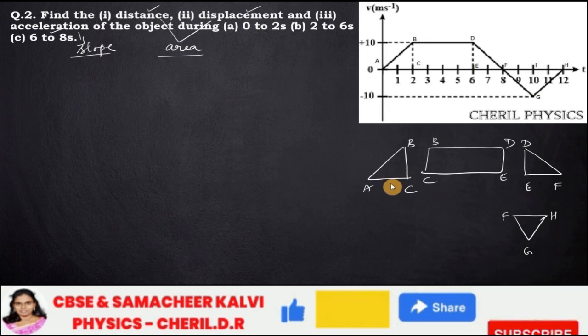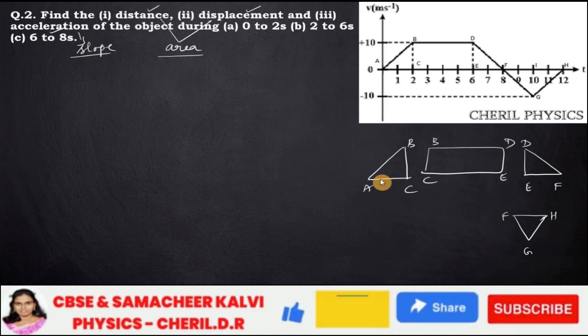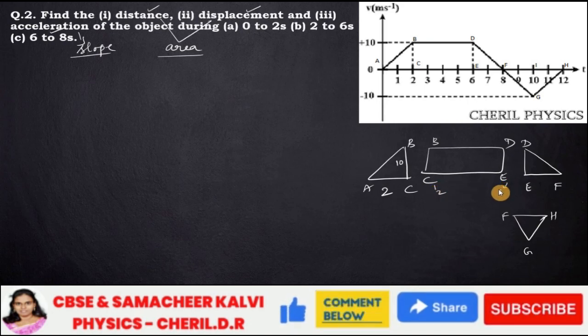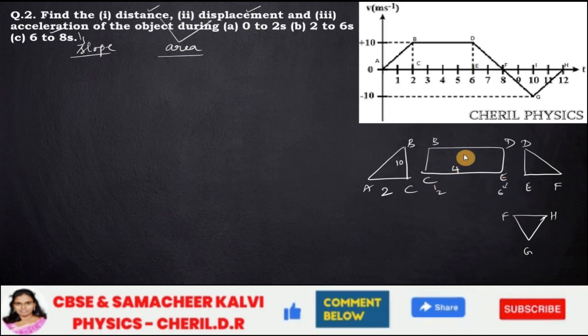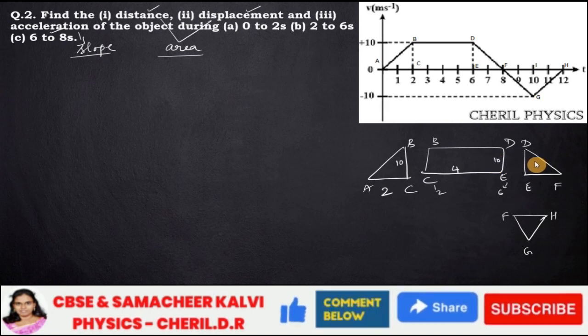So let's calculate the distances here, like the length, the breadth and the height. AC is what? 2 minus 0, so it is 2. Your BC will be 10. Then C and E: C you have 2 and E you have 6, so 6 minus 2 will be 4, and the height is 10 again.